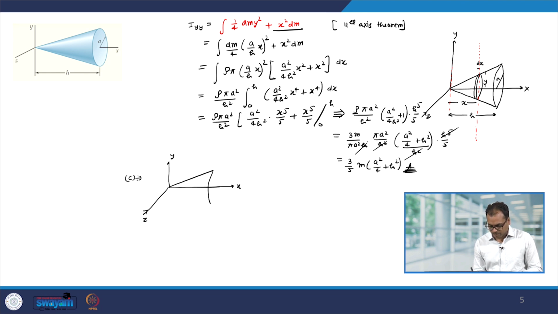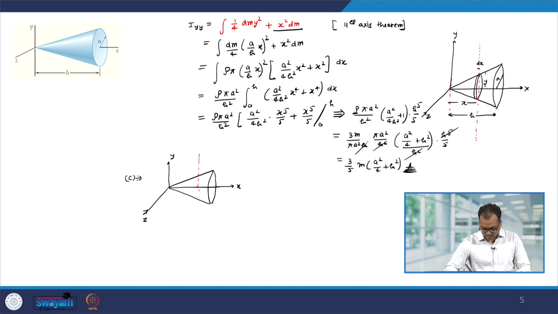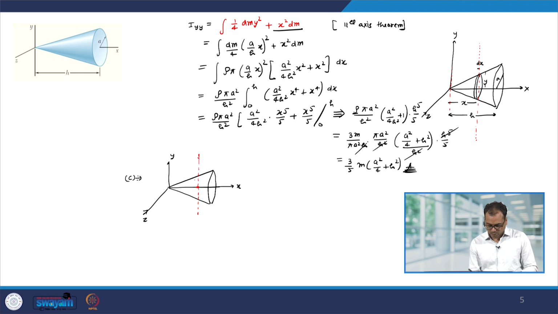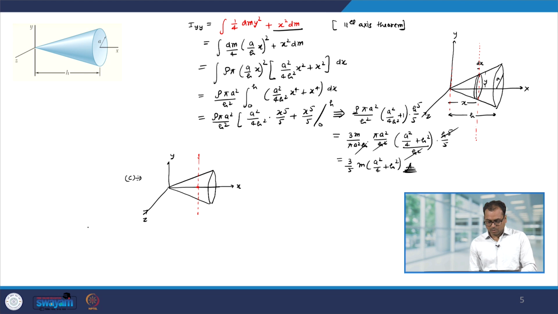We have this cone and we have to find its moment of inertia about the centroid, which is perpendicular to the longitudinal axis. Okay. So, we have to find the moment of inertia about this red line. Note that the centroid in the cone is situated at a distance of 3 h divided by 4 if h is the height of the cone.